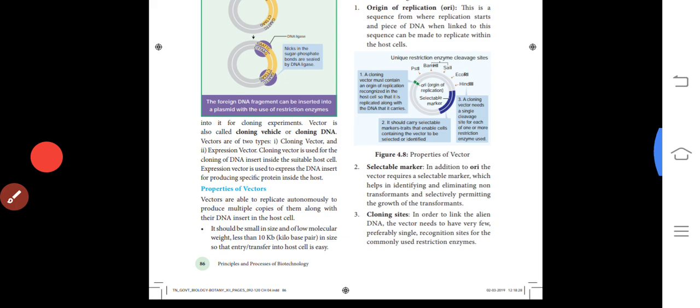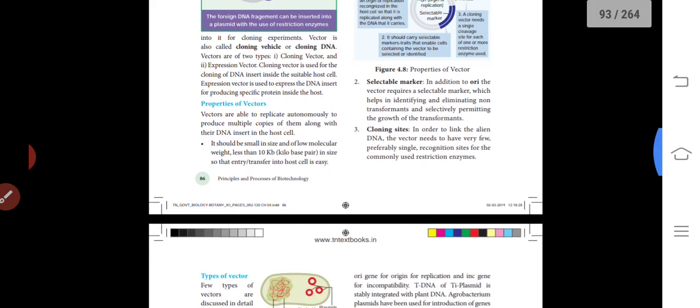Next one is a selectable marker. In addition to origin of replication, the vector requires a selectable marker, which helps to identify and eliminate non-transformants and selectively permit the growth of the transformants.